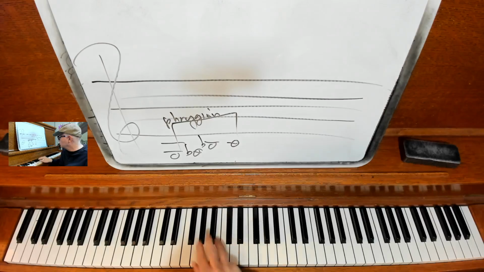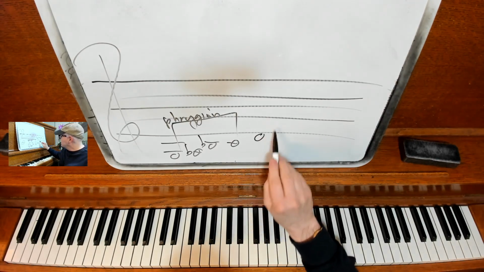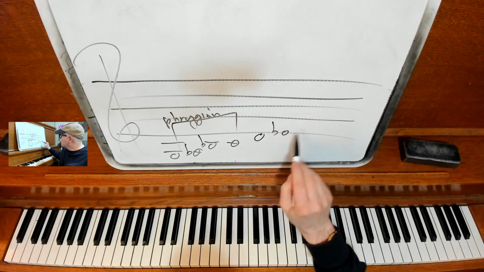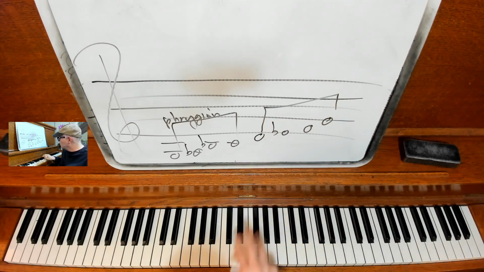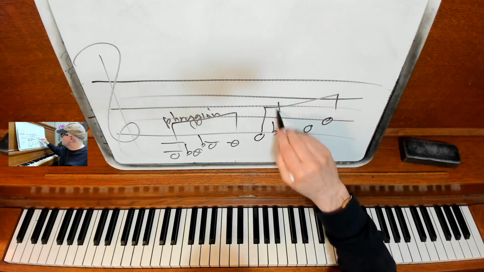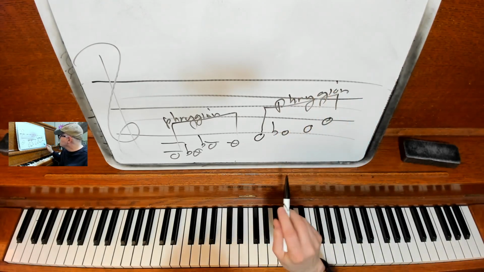That's our Phrygian mode. And then we have that, D, E flat, F, and G. Well, what is that? Well, that is also a Phrygian mode.